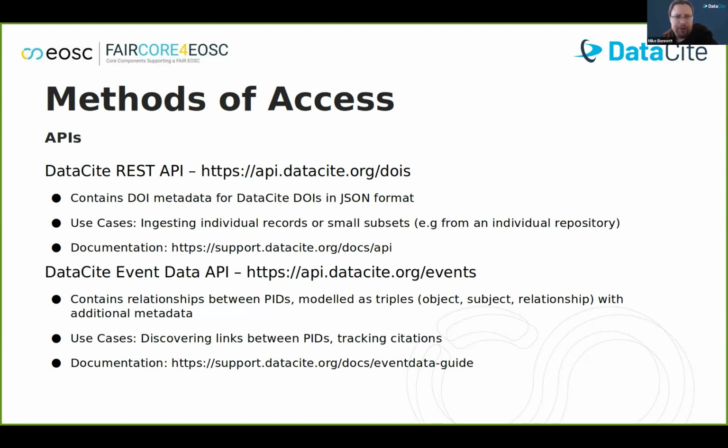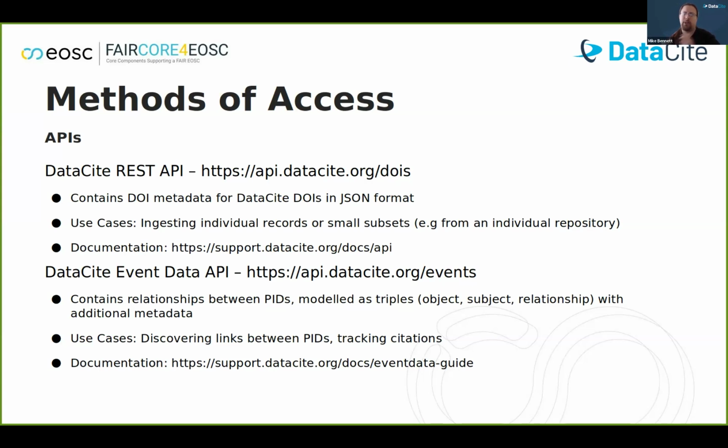We have what's called the event data API. This is essentially an API that exposes just the vertices of the graph. So if you're interested in looking at the relationships between persistent identifiers, the event data API's core data model is, again, JSON, and it's essentially a triple.